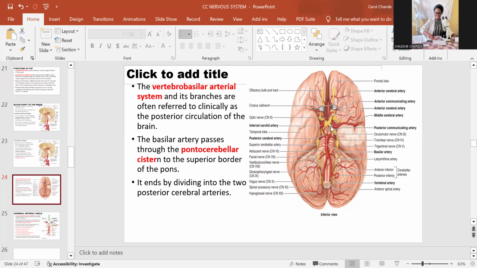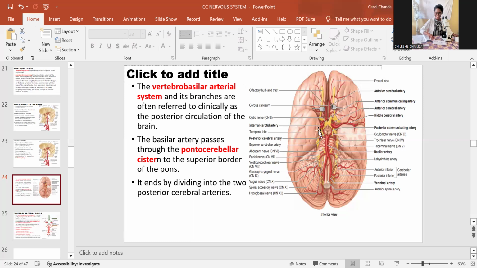This internal carotid artery has been cut, because remember, it's coming all the way from the body. It continues as the middle cerebral artery, going to supply the cerebral hemispheres of the brain.